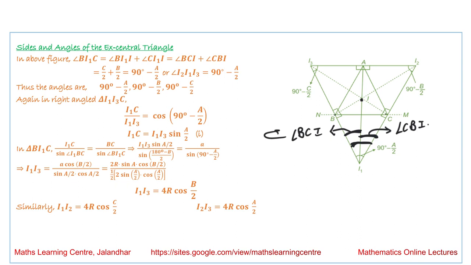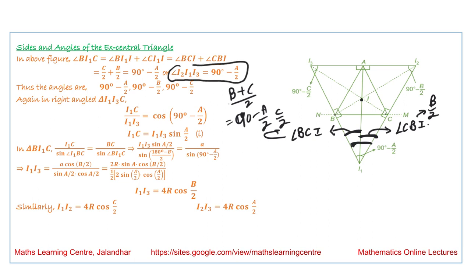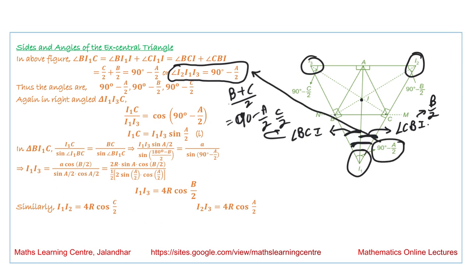So we are saying this is basically C by 2, this angle is B by 2, and the sum of these two we are writing is (B plus C) by 2. So that is equal to 90 minus A by 2. So what we are saying over here is that the angle I2 I1 I3 is 90 minus A by 2.